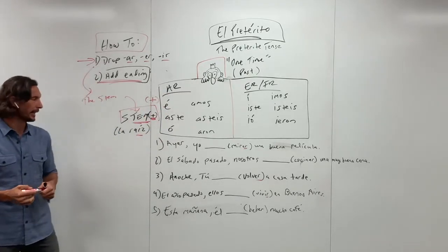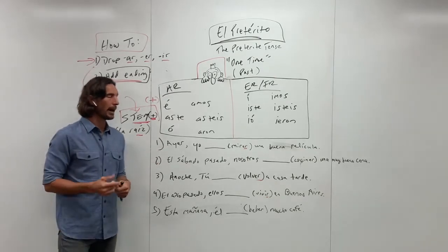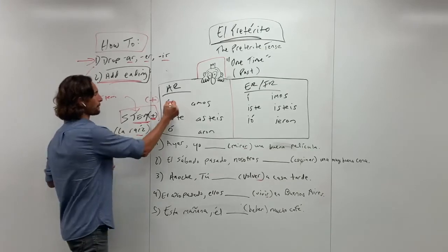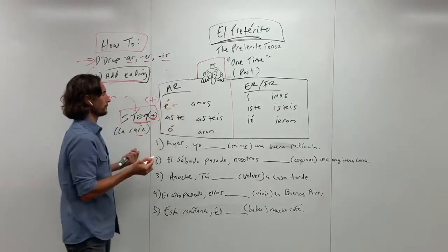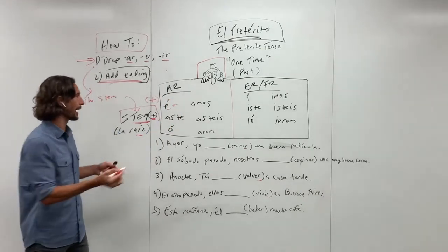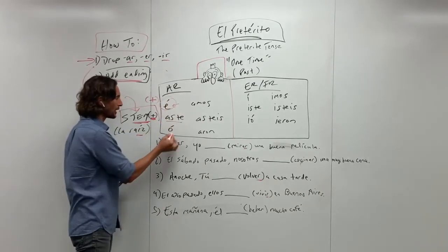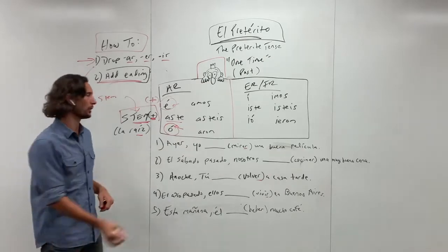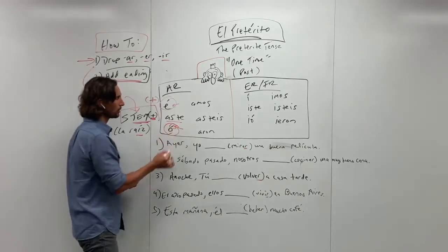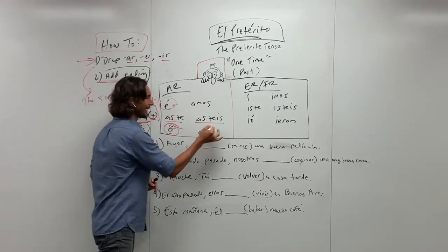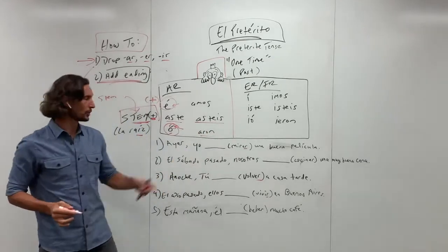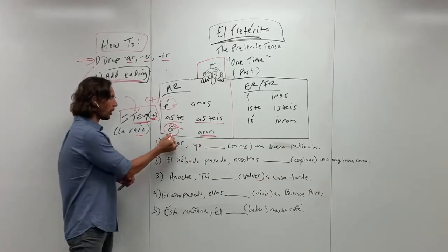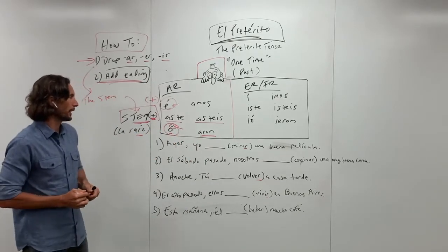Let's have a look at the endings, and then we'll take a look at how to make that work in a sentence. So for ARs, we have é, I call it E con acento, or E with an accent, aste, ó, O con acento, right? Con acento just means with accent. So I'm saying O con acento, amos, asteis, and aron. Aron, right here, is the third person plural, and ó is the third person singular, just to reiterate.